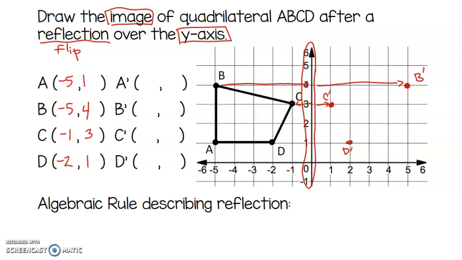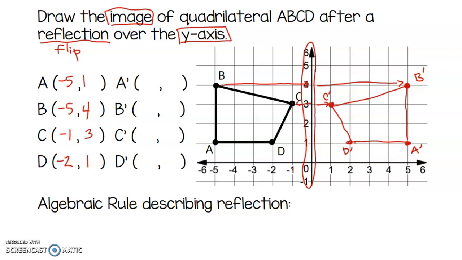And A is 5 away in line with D, so A prime is right there. We connect our dots. It should be the same shape, same size. It's just been flipped. We have the mirror image. If I fold it along the y-axis, that's how I would get the new shape.